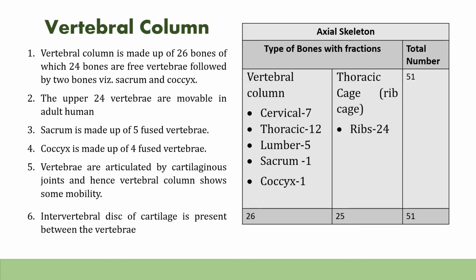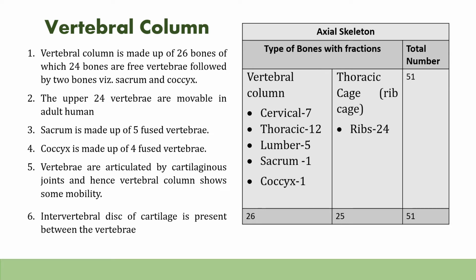Now let us see the vertebral column. You can see in the table that the vertebral column consists of 26 bones, which include 7 cervical, 12 thoracic, 5 lumbar, 1 sacrum and 1 coccyx. The sacrum is made of 5 fused bones and the coccyx of 4 fused bones, so sometimes it is calculated as 33.